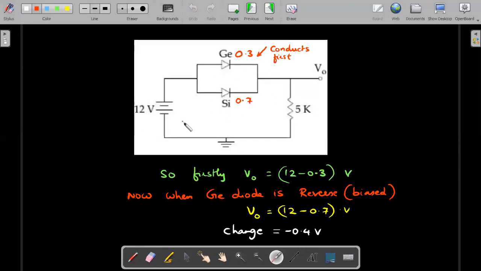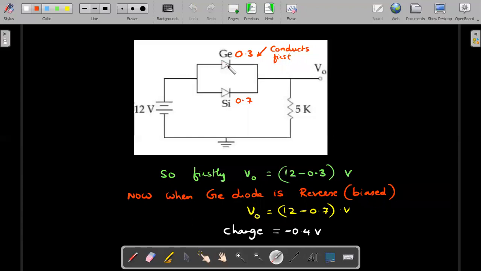The thing is, when you connect this one in the original circuit, the voltage always rises, and you should realize that germanium conducts first. Remember, this number becomes 0.3 first. It won't get a chance to conduct the silicon. So the first time the circuit conduction will happen along this path, and therefore 12 minus 0.3 is the initial value of VO.